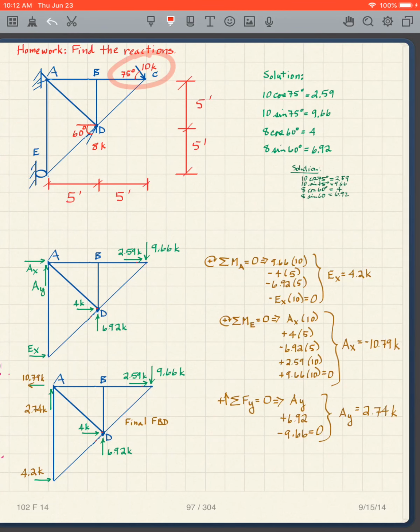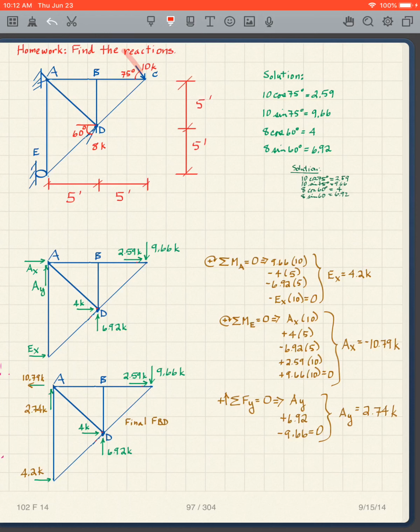I have two loads, both are at an angle, so I use the components. 10 cosine 75, 10 sine 75, 8 cosine 60, 8 sine 60. I can notice both angles are with respect to the x-axis, so I can use those angles directly. I get these values.